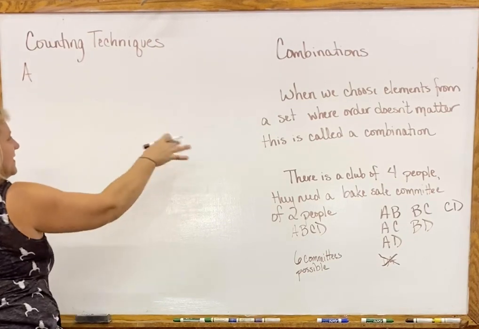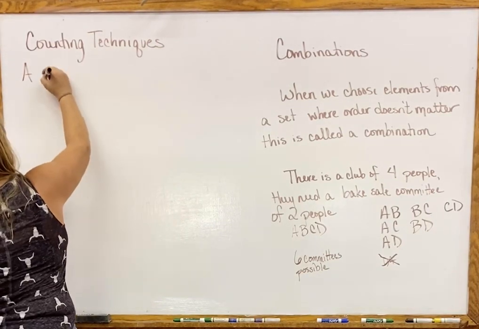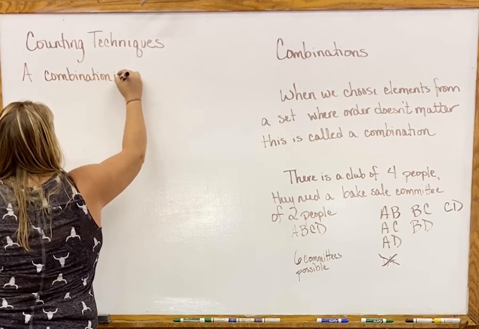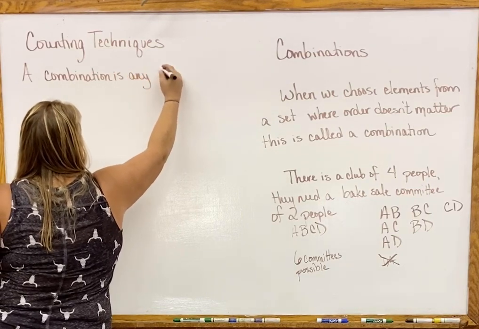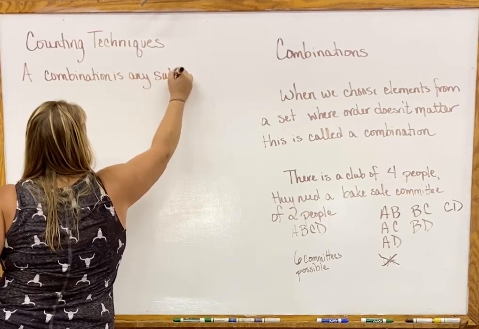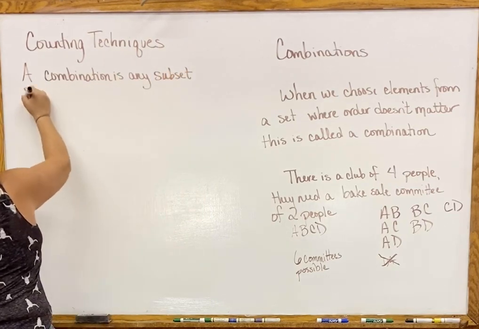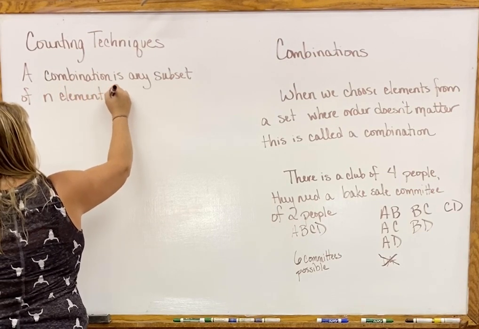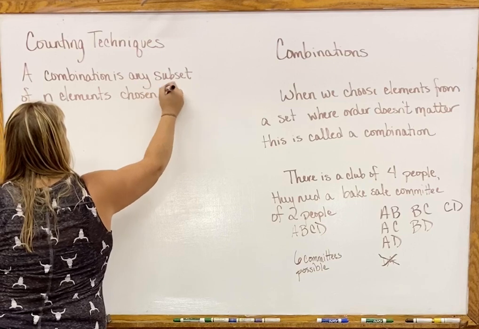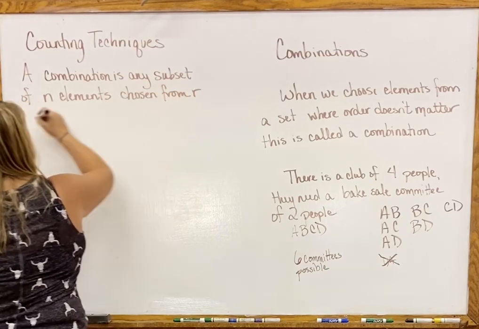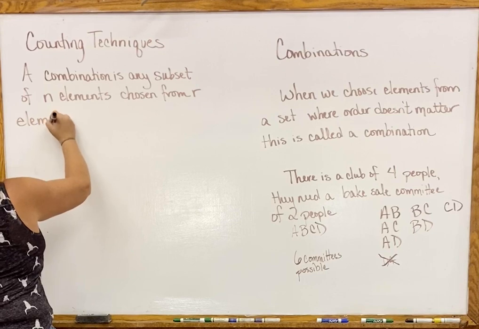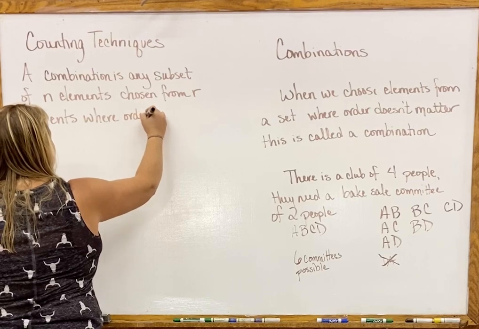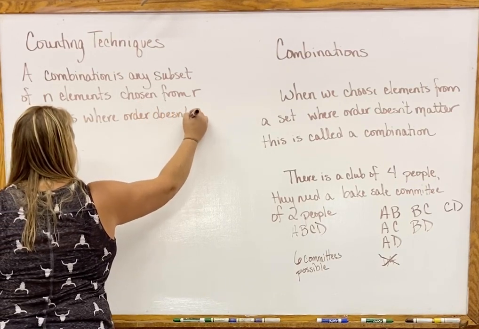So I'm going to define this again a little bit more mathy, okay? So this says a combination is any subset of n elements chosen from r elements where order doesn't matter.